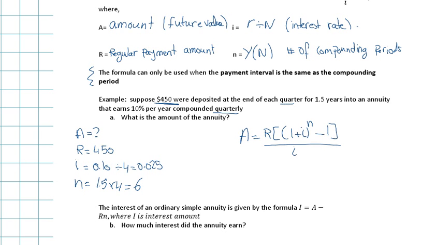Now, it's very important that you know how to use your calculator to do that. So, R is going to be 450, times (1 plus 0.025 to the power of 6 minus 1). You see the brackets are very important. All divided by 0.025.